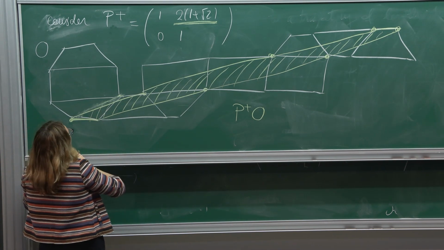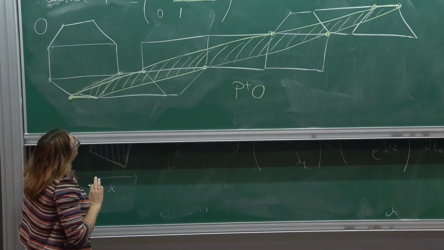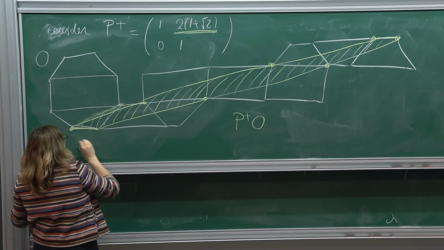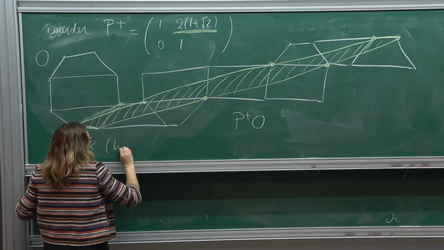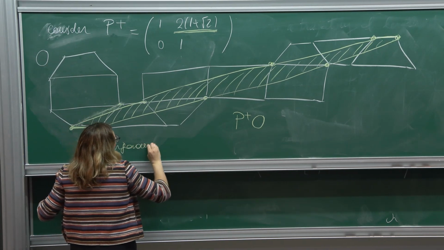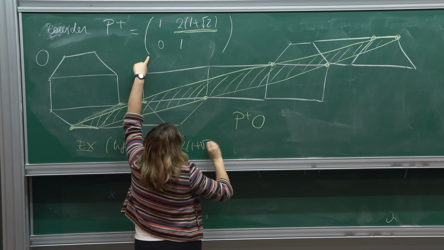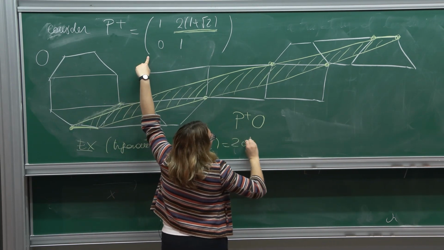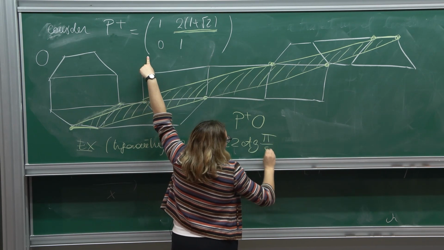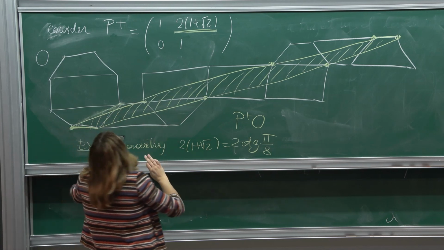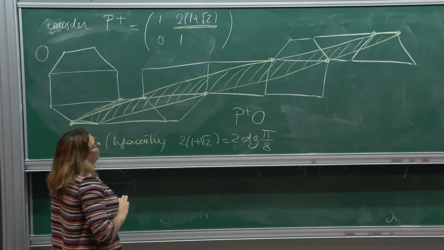Okay, maybe this is too much topology if you don't know. Nevertheless, yes, you can do trigonometry. It's an exercise which I don't want you to do. And actually this 2 times (1 plus the square root of 2) is twice the cotangent of pi over 8. And so I really get this type of sheared octagon.